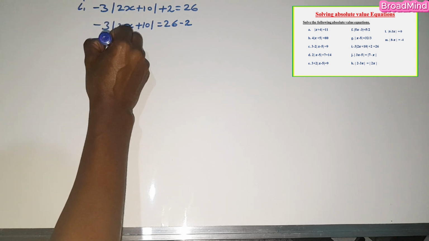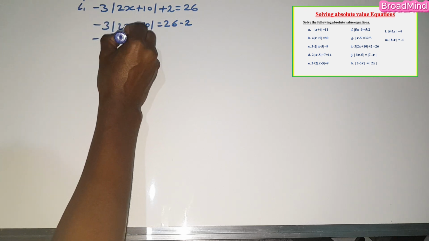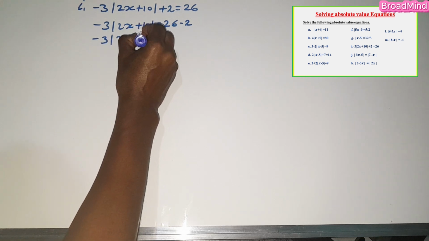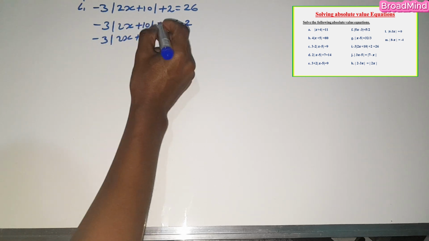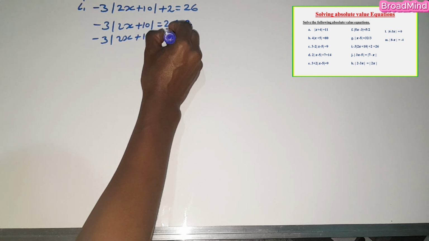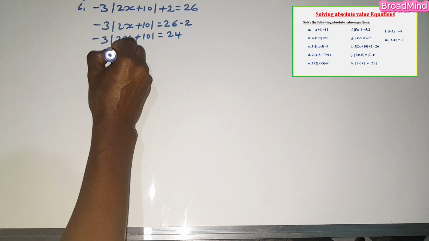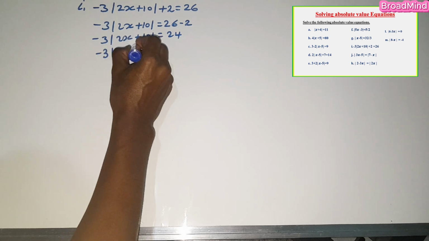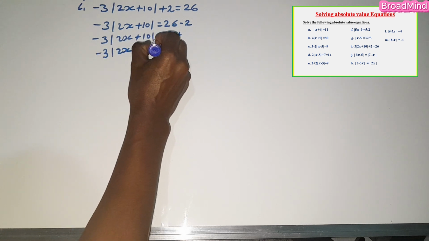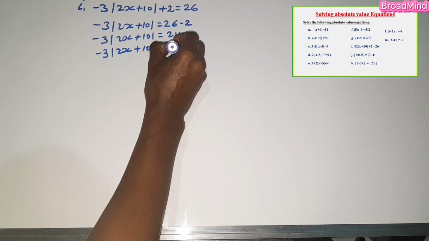Negative 3 absolute value of 2x plus 10 is equal to 26 minus 2. Negative 3 absolute value of 2x plus 10 is equal to 24.